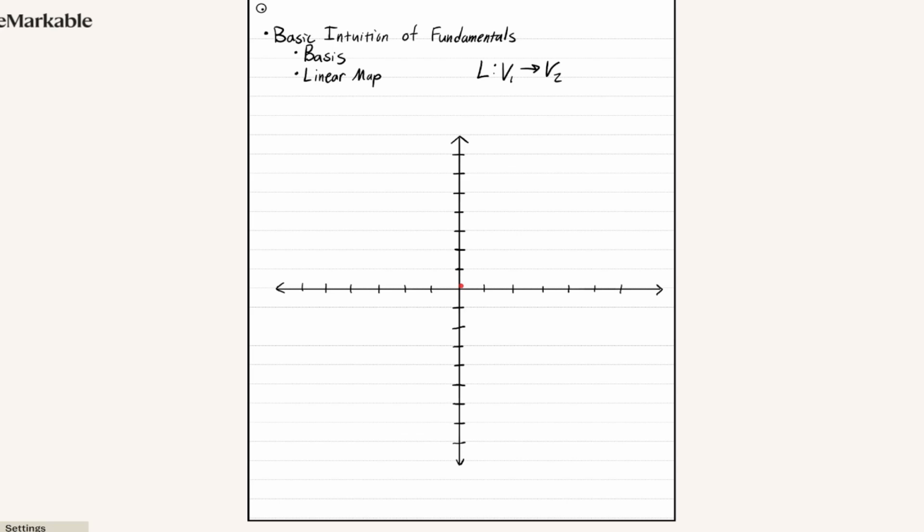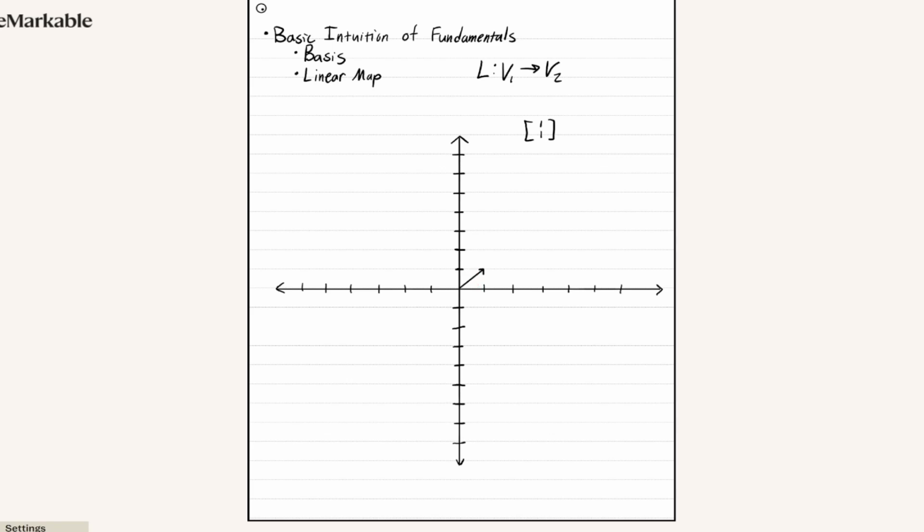So for example, we can have a vector (1, 1). Again, we're in R2 because there are two real numbers, 1 and 1, or just any two real numbers could be in R2. So this vector (1, 1) is in R2.